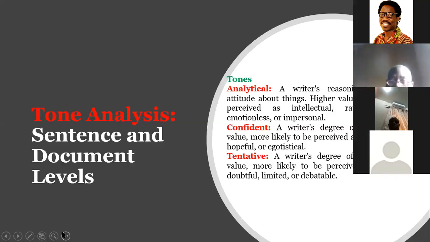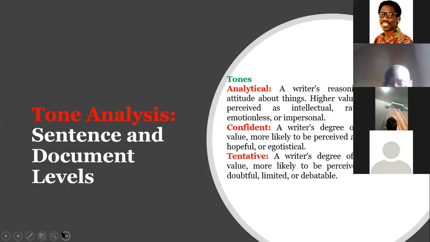So for sentiment analysis, we have emotion analysis and tone analysis under it, apart from the orientation that we have discussed before. So the tone analysis, according to this structure, is a writer's business and analytical attitude about things.